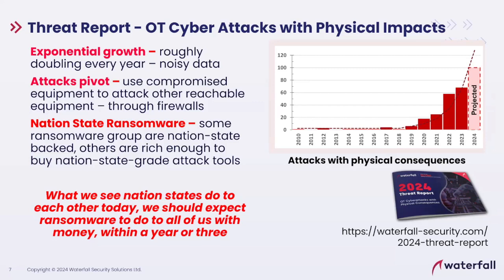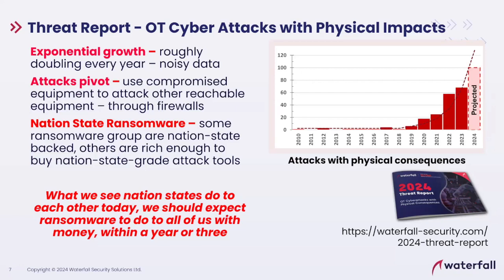What do we see in the data? Well, the decade 2010 through 2019 was flat. It was bouncing around between 0 and 5 incidents with physical consequences per year. Since the turn of the decade, we've seen a sharp change in the threat environment. 2019 had 5 attacks that met this criteria. The next year was 18.